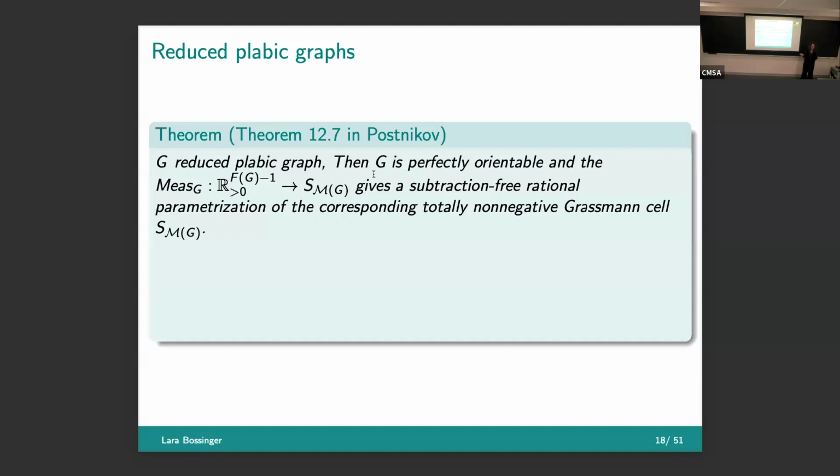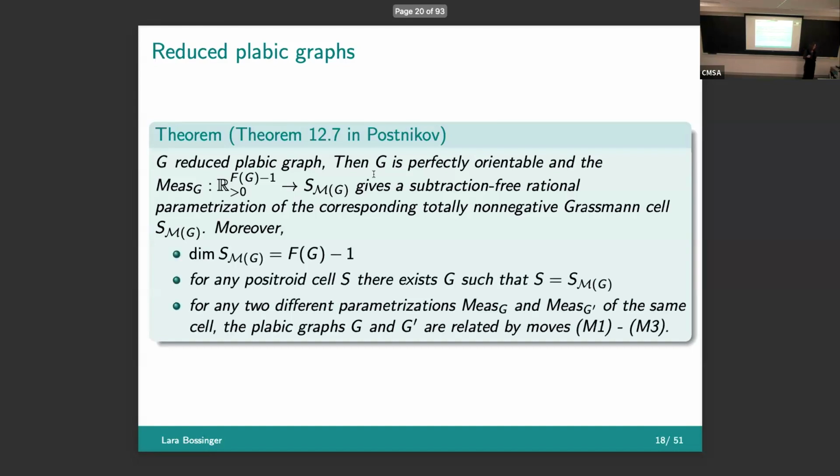These cells correspond to matroids, and M_G was the matroid we associate to a plabic graph via the source sets of its perfect orientation. So in this case, this is a subtraction-free rational parameterization. That's great for total positivity, because if we start with the plabic graph and all of these labels are positive rational numbers, hence the whole cell will be totally positive. So this is one way to verify that a matroid, if it corresponds to a reduced plabic graph, gives us a positive cell.